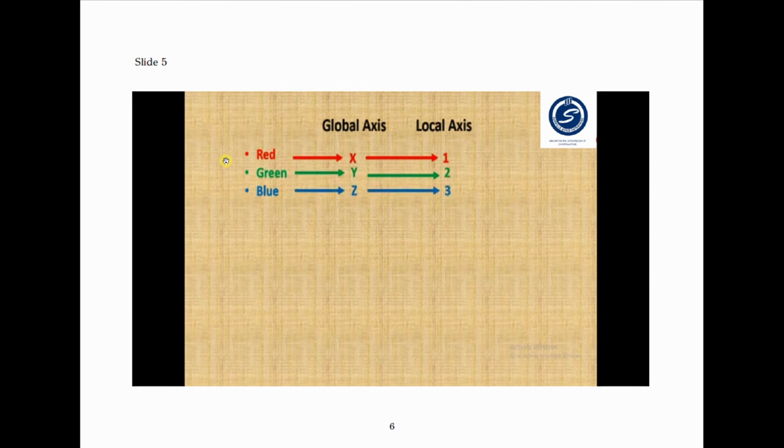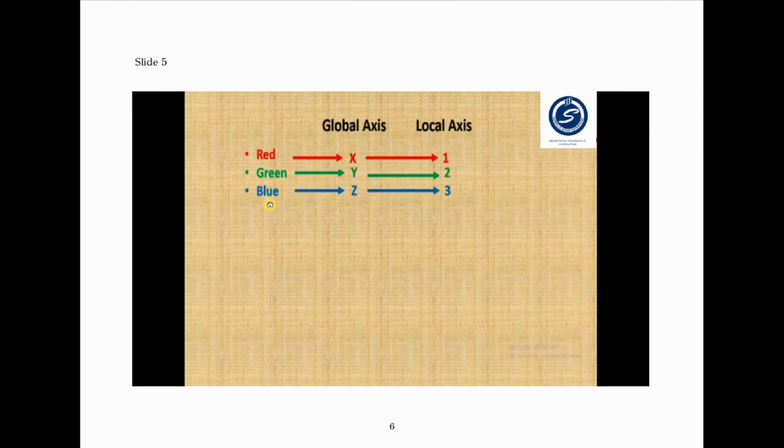Both the global and the local axis are represented by colors, the RGB colors. The R, red, refers to the x-axis for global, while it refers to 1 for local axis. The G, green, refers to the y-axis for the global, while it is 2 for the local.